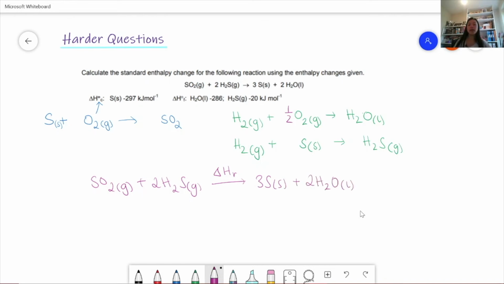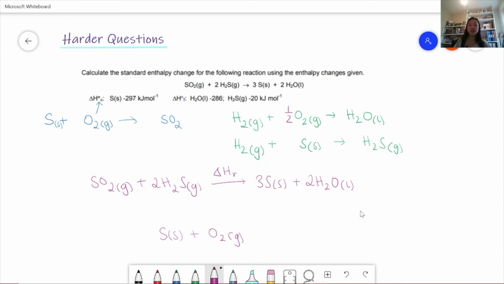Okay, and now we can see that the sulfur and the oxygen, I can combust the sulfur to form sulfur dioxide. So if we have a sulfur here and add it with an oxygen, we can form this sulfur dioxide.